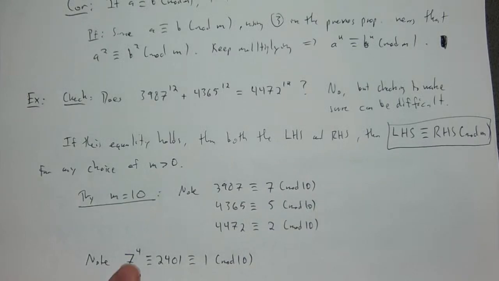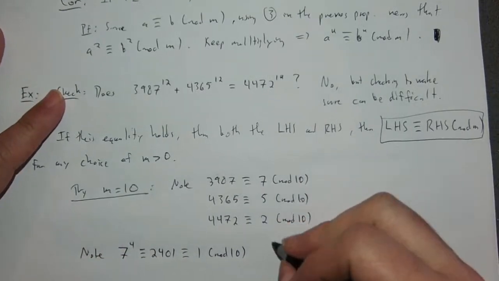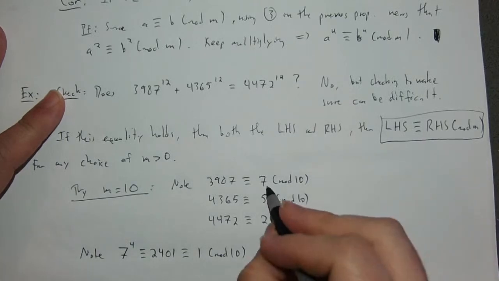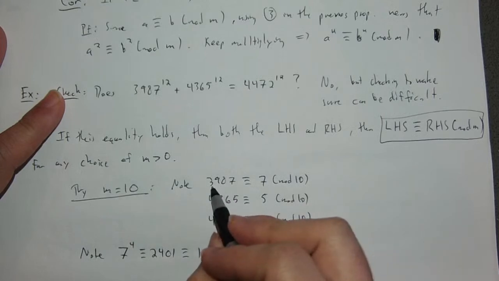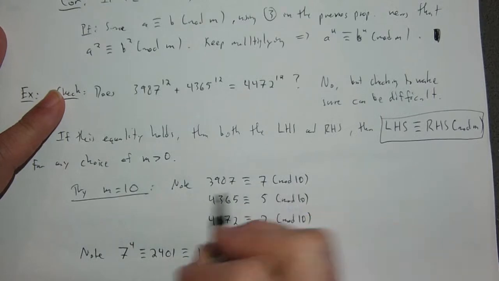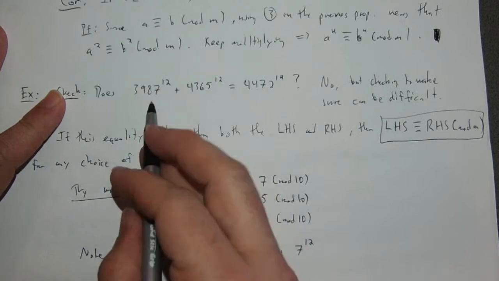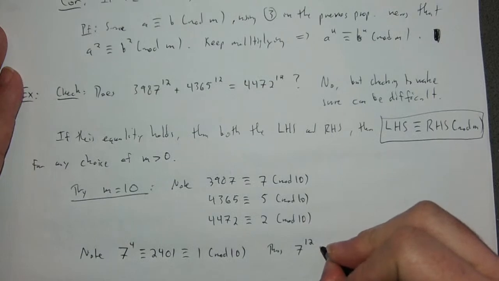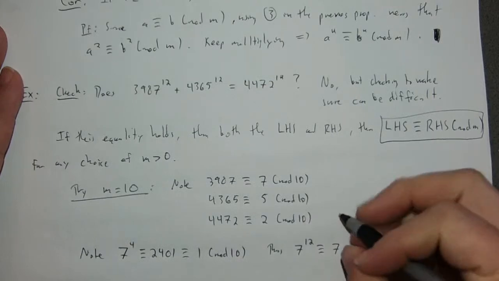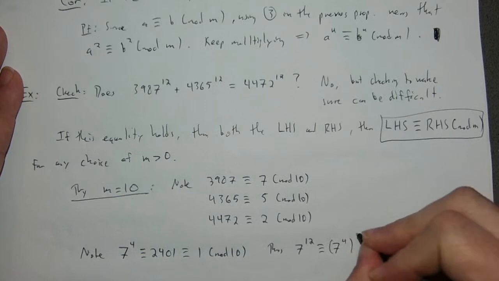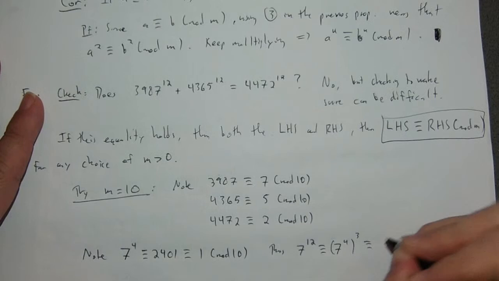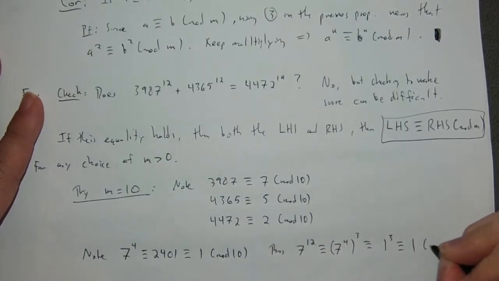I cube this, thus 7 to the 12th. What am I doing here? I'm saying 3,987 is congruent to 7 mod 10. So now I'm going to do my computations with 7 since I want to raise this thing to the 12th power. So 7 to the 12th is the same thing as 7 to the 4th cubed. Okay, but cubing this thing, this is just 1 cubed since this is congruent to 1 mod 10. So this is just 1 cubed, so that's just congruent to 1 mod 10.